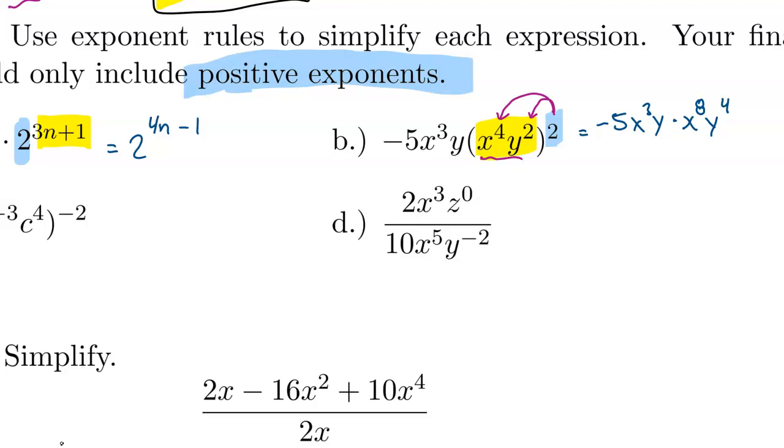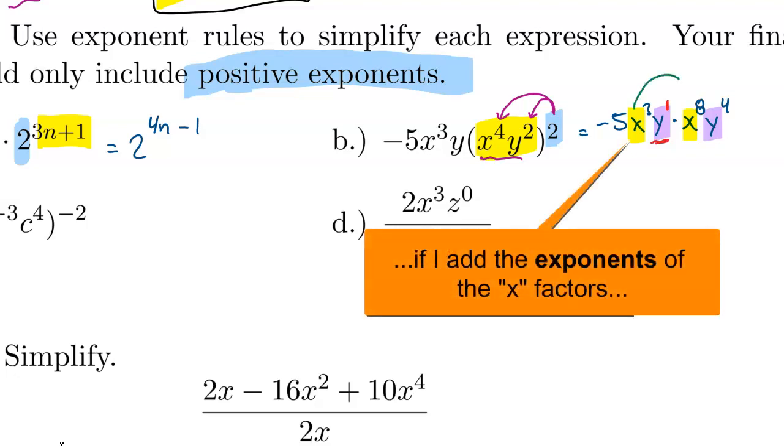And now we're in a situation similar to what we had in part A, where we have some exponential expressions multiplied together. The base is repeated. We see x twice and we see y twice. And so I can add those exponents. But one thing before I do, let me point out that y here without an exponent, I can think of this as y to the 1st power.